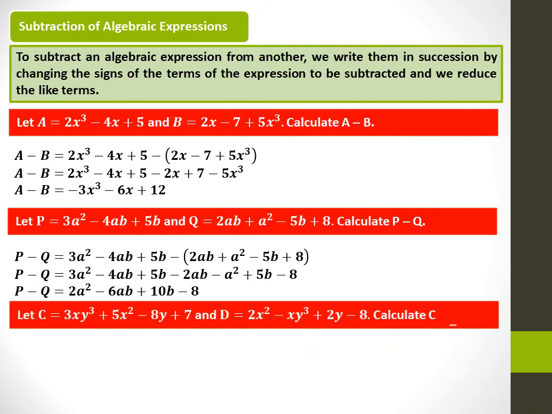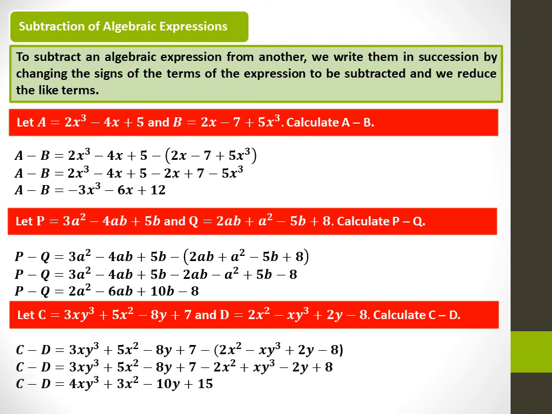Now let's calculate c minus d. C minus d equals 3xy to the power of 3 plus 5x to the power of 2 minus 8y plus 7 minus in parentheses 2x to the power of 2 minus xy to the power of 3 plus 2y minus 8.